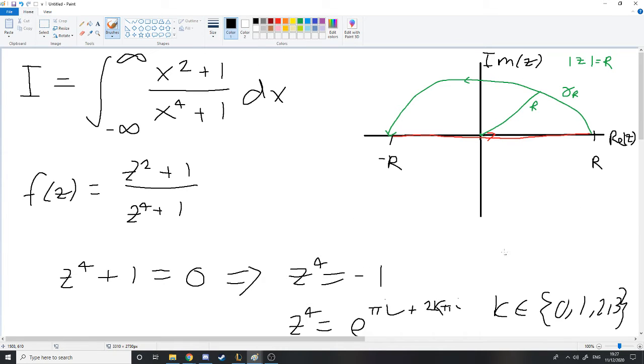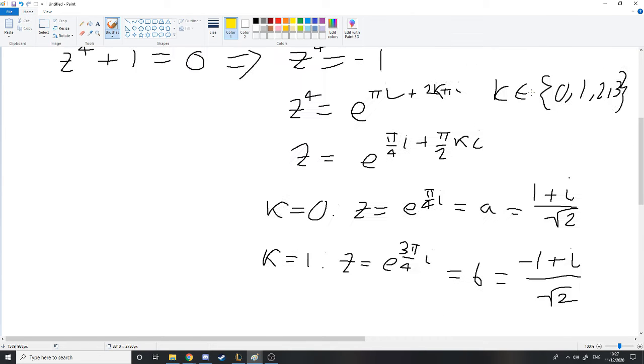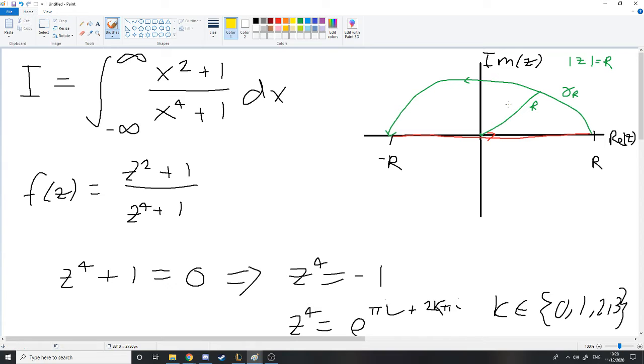So let's roughly draw this on our diagram. Let's say A is here, this is A, this is B, and then we have the conjugates of those, B hat and A hat.